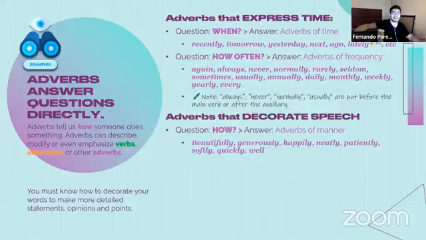Because they are technically words that we need to know where to collocate. The reason we study adverbs is to put the words in the correct position. Because it's not correct to say always at the end of the sentence. You need to put always before the main verb. I always study English at night.